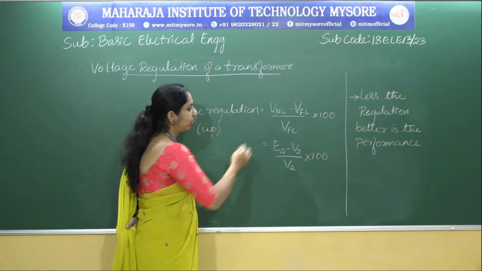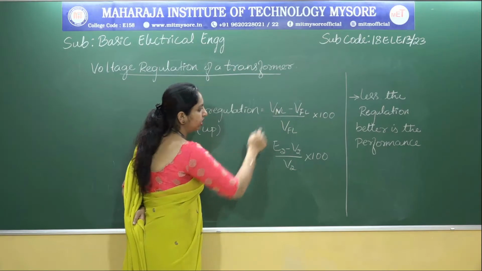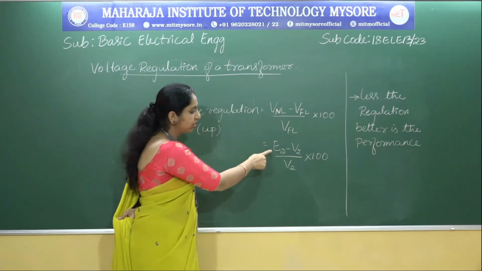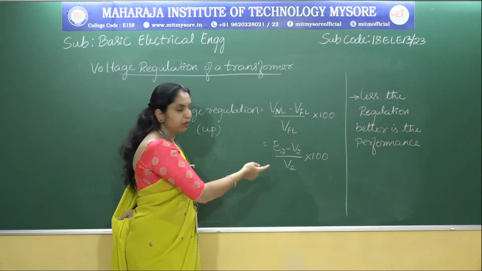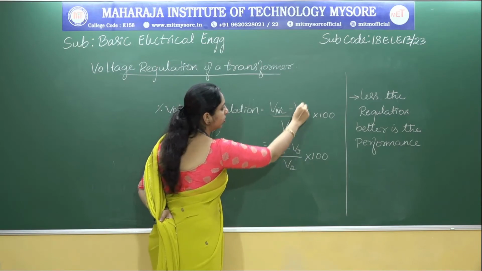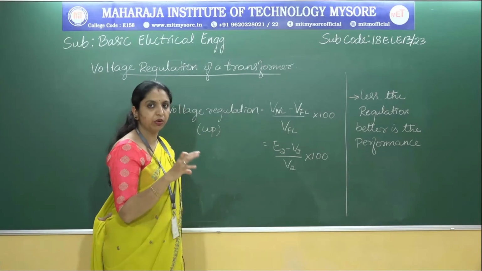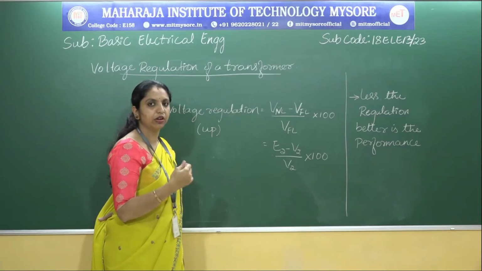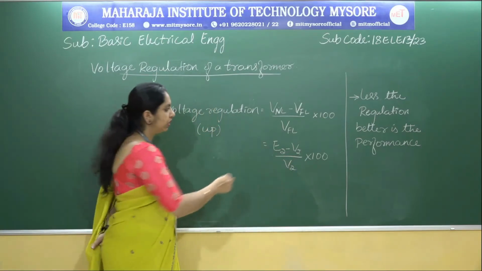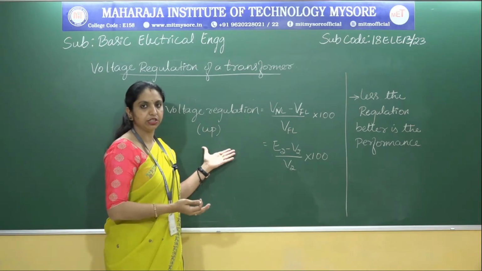The no load voltage, without any load, can be represented as E2, the voltage induced in the secondary winding. So E2 minus V2, the voltage with full load, which is the voltage we measure at the load. So E2 minus V2 divided by V2, again full load. This equation is meant for up voltage regulation.